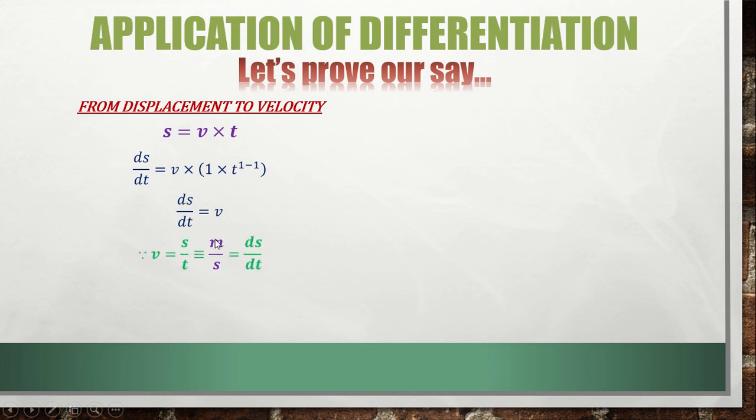And if you check even from dimension analysis, the formula for velocity, which is displacement divided by time, is meters per second, whereas the rate of change of displacement per unit time is still meters per second. Therefore, I can be confident and say that if I differentiate the function of displacement, I'll get velocity.